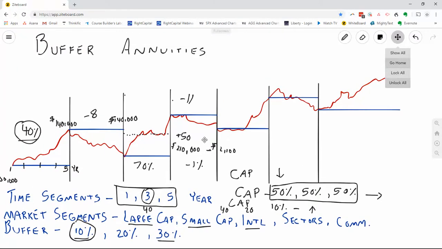So if you have questions about how this works and how this might look in any particular situation, or how you mix and match this, I've done a good amount of research on the long-term returns of using buffer annuities over long time periods, like a decade or so, and how they compare in regard to risk and return to other types of assets. So definitely something to consider, and let me know if you have questions about how these work.